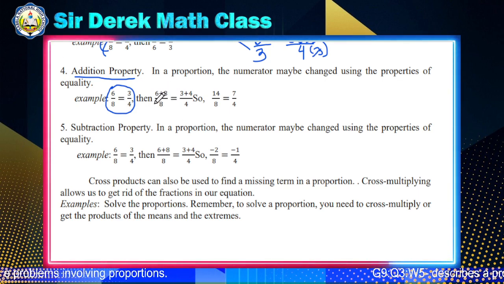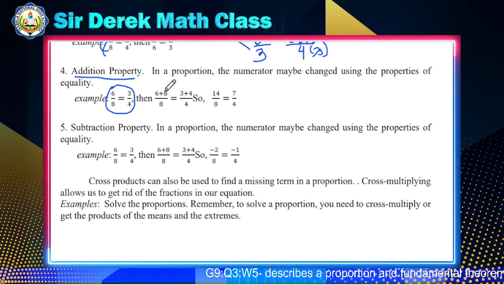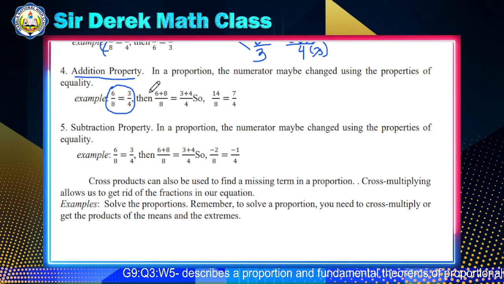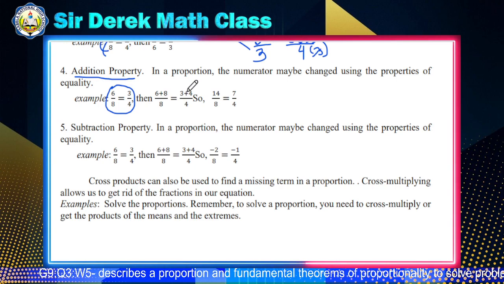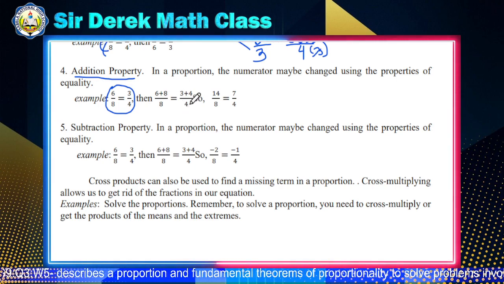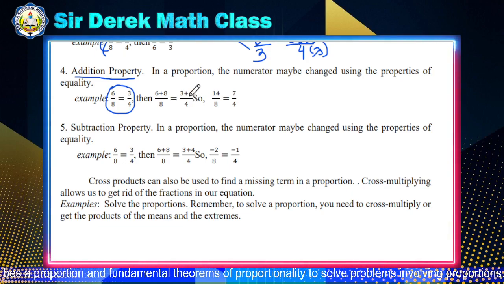The pattern here is 6 over 8 is our original ratio, and if we add the denominator to the numerator, that pattern will also apply to the second ratio. So the numerator of the second ratio is 3 plus, what will we add? It is not 8, but our pattern is the new denominator, which is 4.